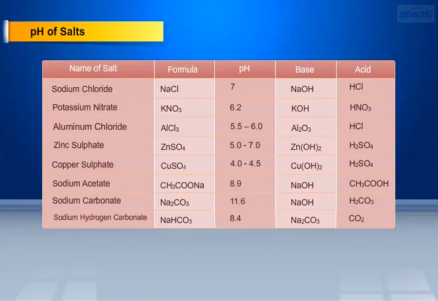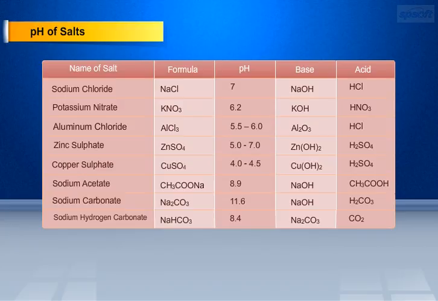Formula for sodium acetate is CH3COONa, and its pH value is 8.9. Its base is NaOH, and its acid is CH3COOH. Formula for sodium carbonate is Na2CO3, and its pH value is 11.6. Its base is NaOH, and its acid is H2CO3.